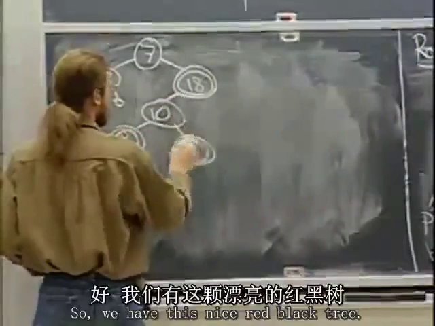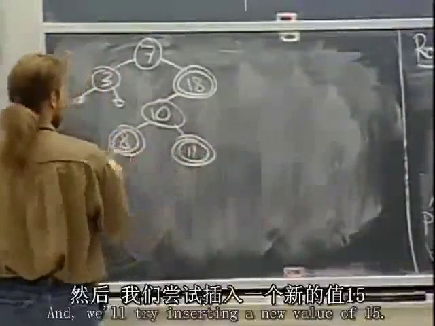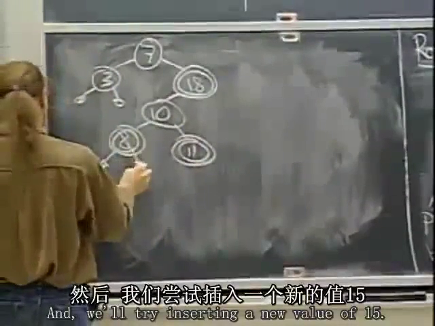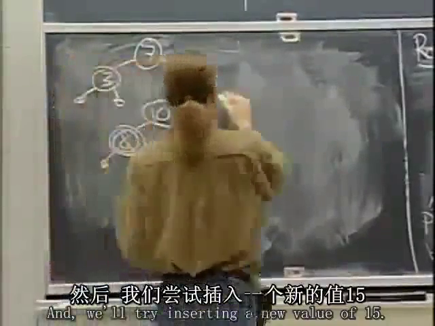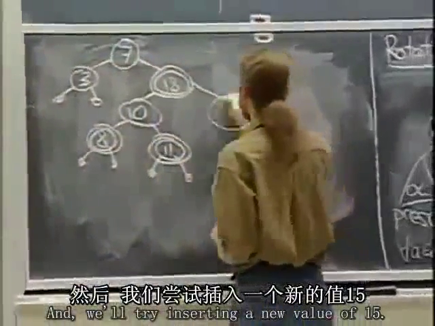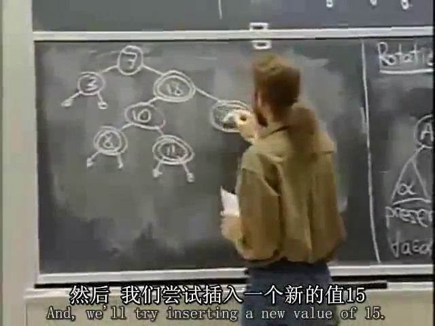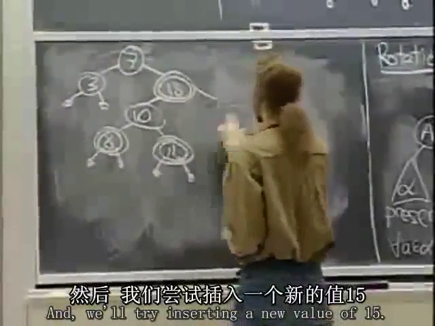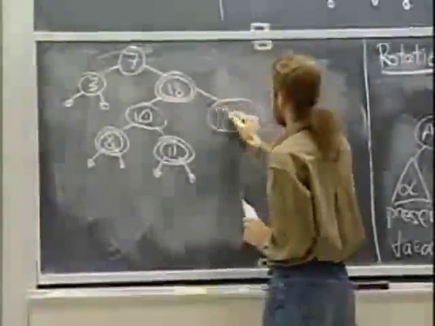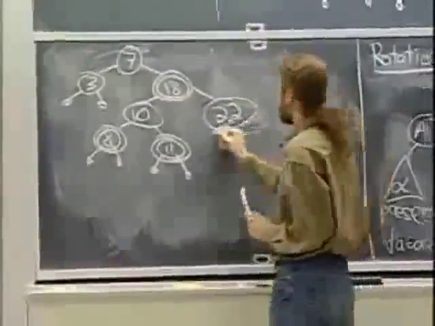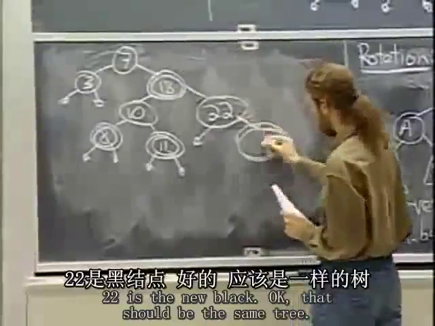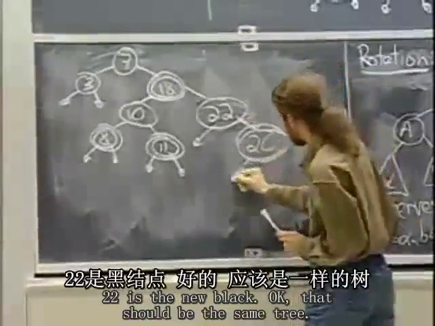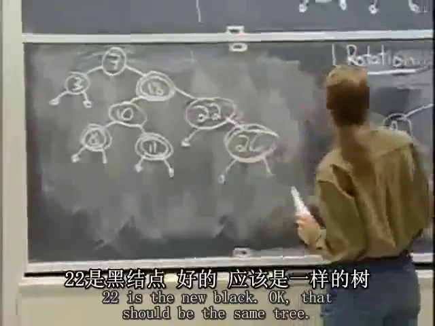So we have this nice red-black tree, and we'll try inserting a new value of 15. 22 is black. Okay, that should be the same tree.